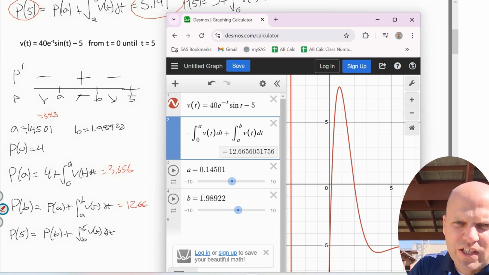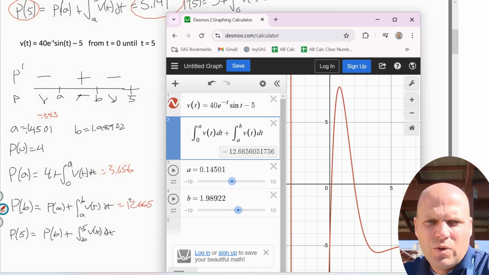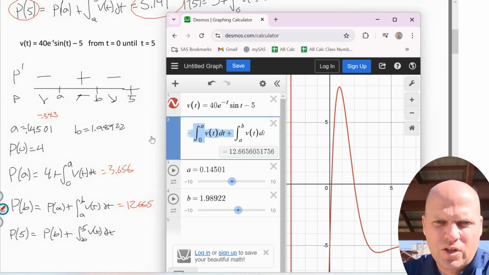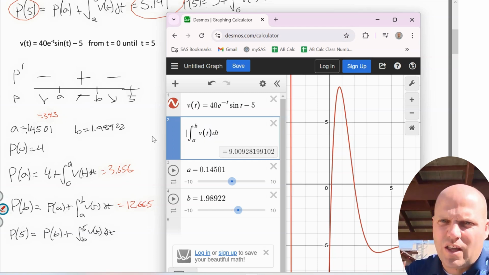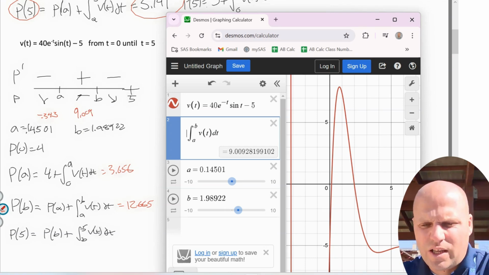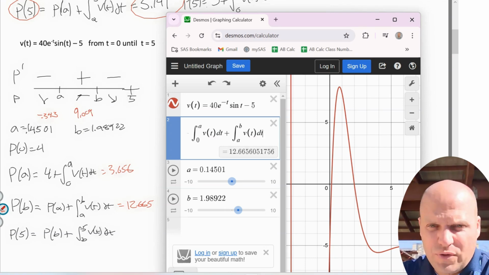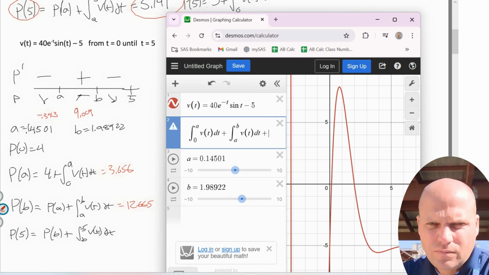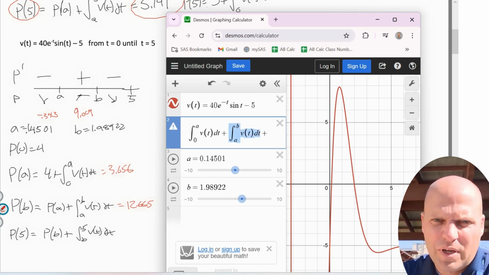So that's 12.665, which means if you subtract these two positions, you'll get how much you increase, or you can see that we increase 9.009. If you don't like that, you can undo that. It's really easy to undo.